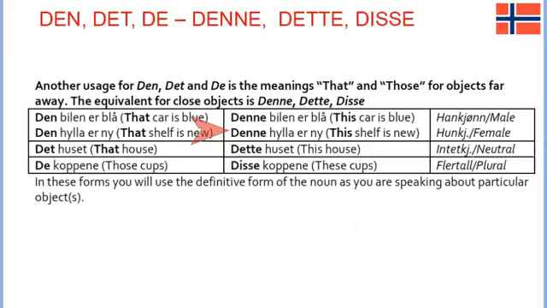This shelf, female, is new. If we go to the neutral for this, dette huset, this house. And in plural, disse koppene, these cups. And as you might have noticed now, we are always using the definite forms of the nouns. It's because we are, of course, talking about a particular object in these cases.